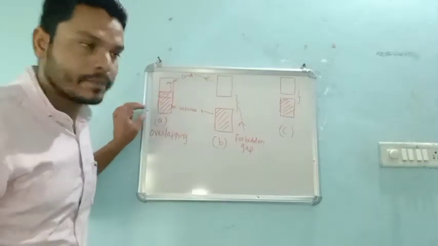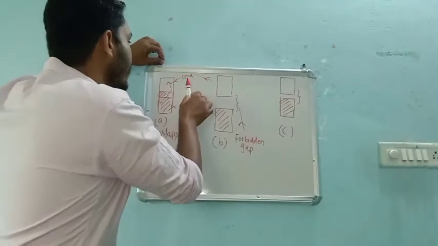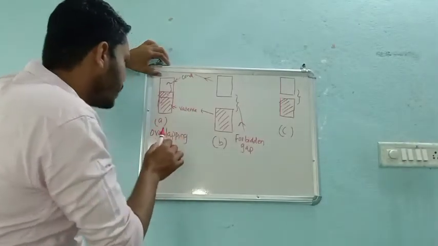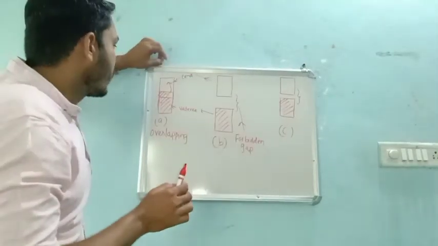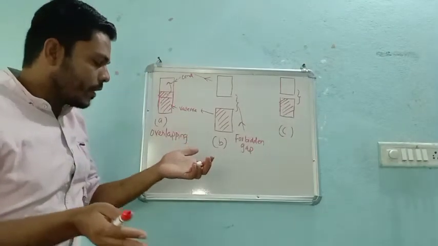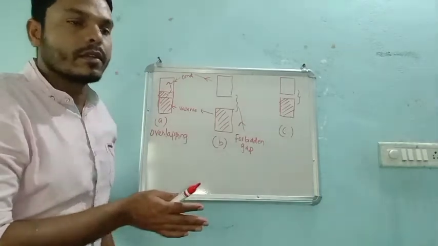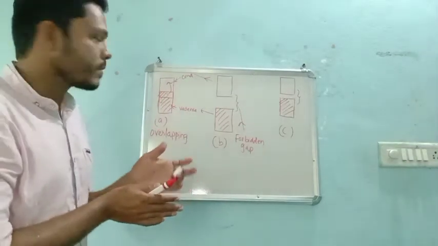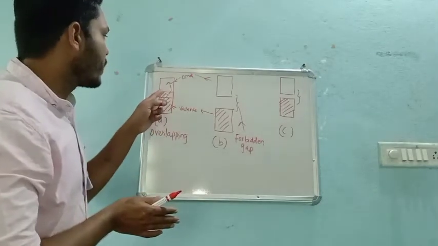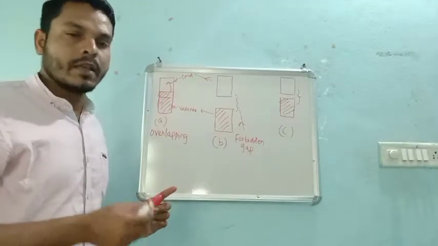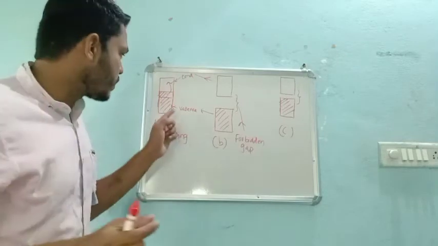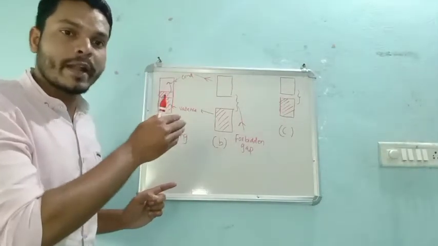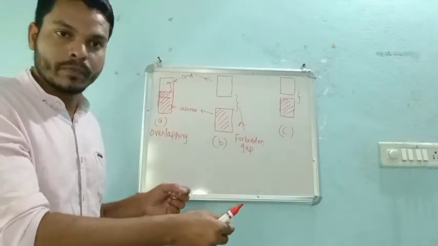Is it clear, right? The conduction band has no electrons, but in the first case, A, we have an overlapped type of diagram. So the valence band is overlapping over the conduction band. The electron present in the valence band can very easily move towards the conduction band, and electricity can pass through.